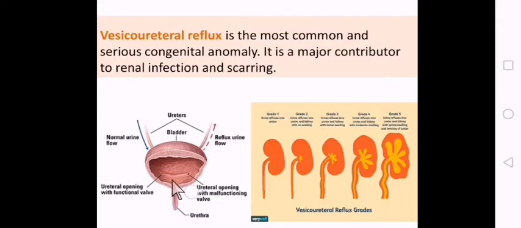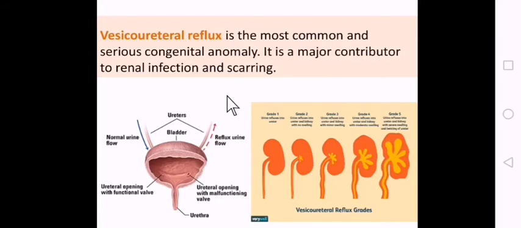In case of a malfunctioning valve, the ureteral opening will be open, so the urine can reflux up into the ureter and even may reach the kidneys.